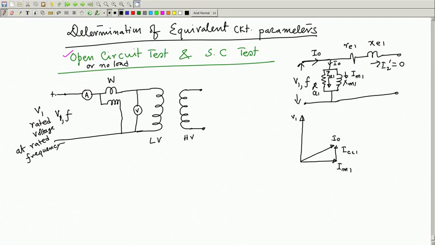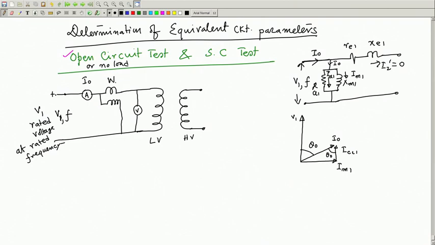Your ammeter is going to read I naught, and this is called the no load power factor angle, theta naught. Theta naught would be 90 degrees in an ideal transformer, but it cannot be because it is a practical transformer having core losses.